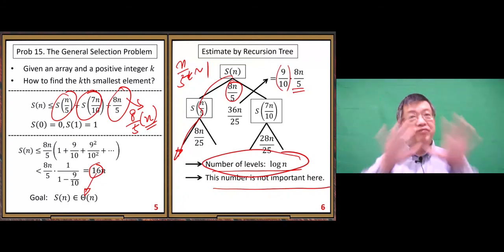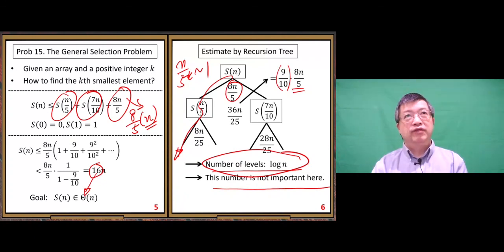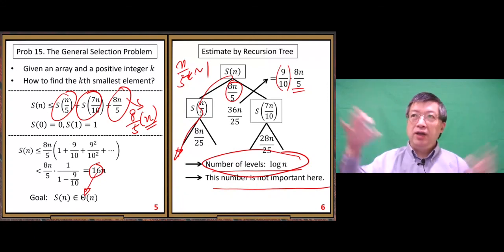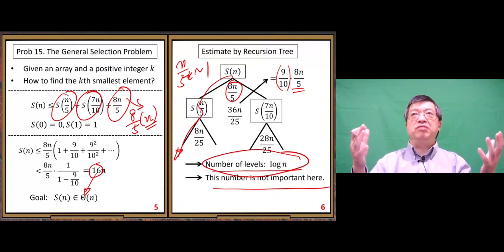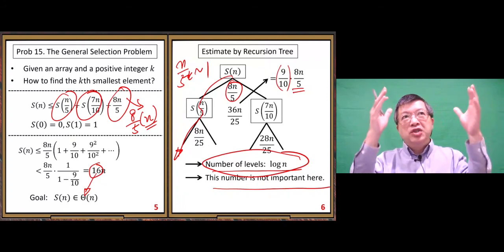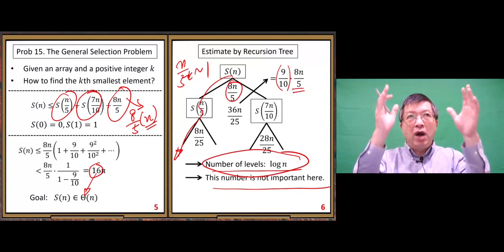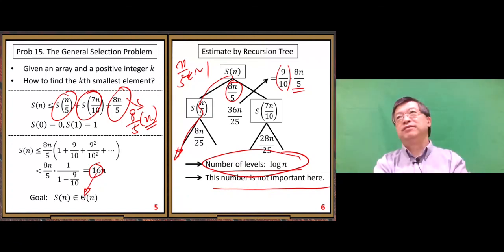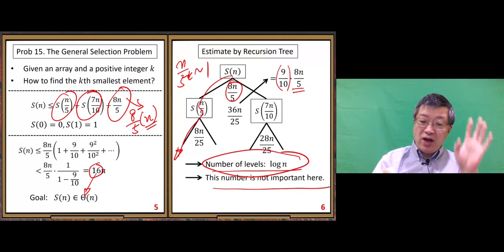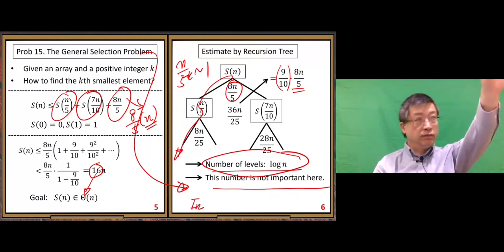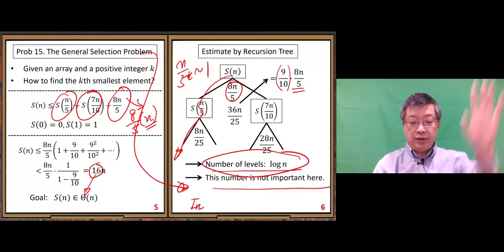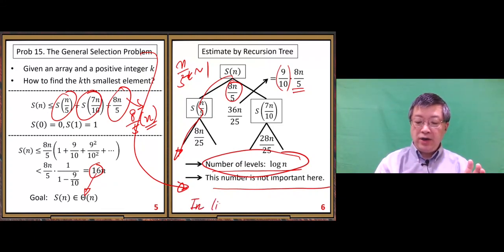After this whole solution from part D, part E combined, our conclusion: we can solve the general selection problem in linear time. That is our final solution.